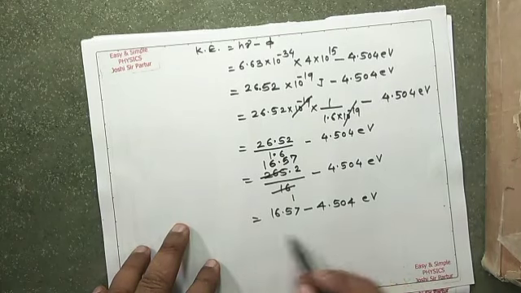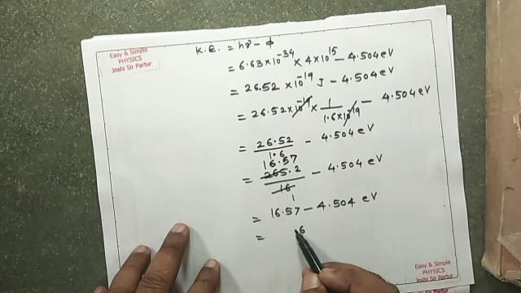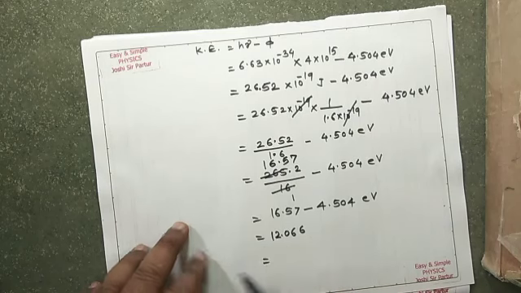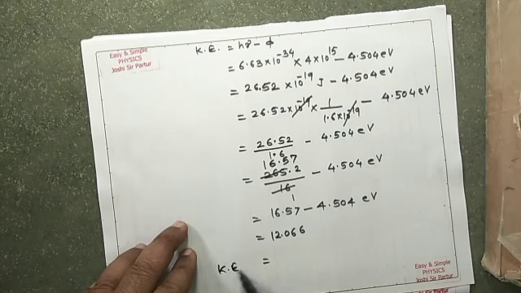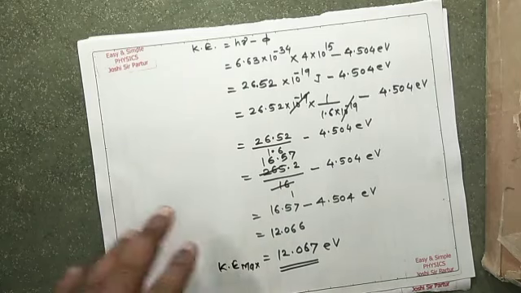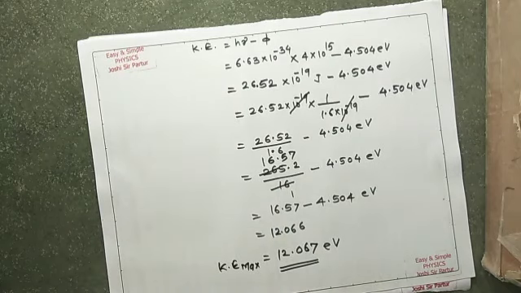So the kinetic energy maximum, when frequency is given, will be 12.067 electron volt.